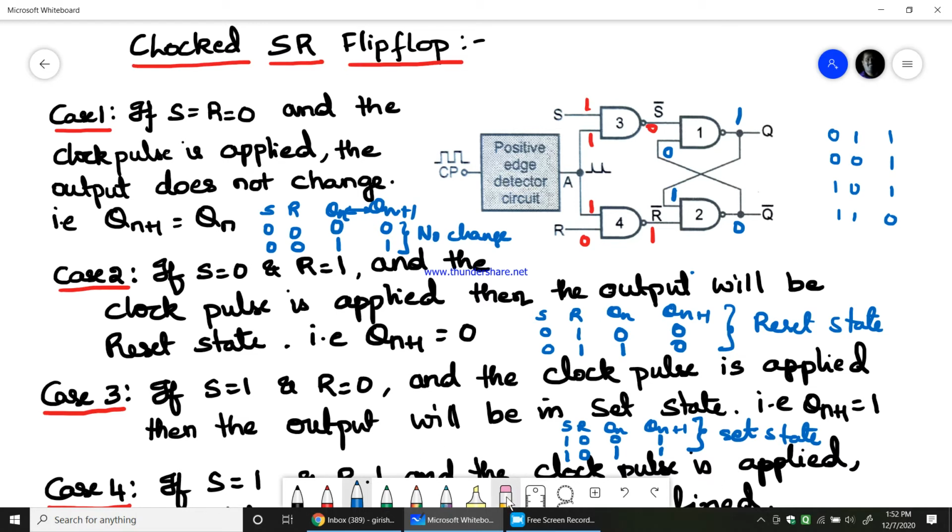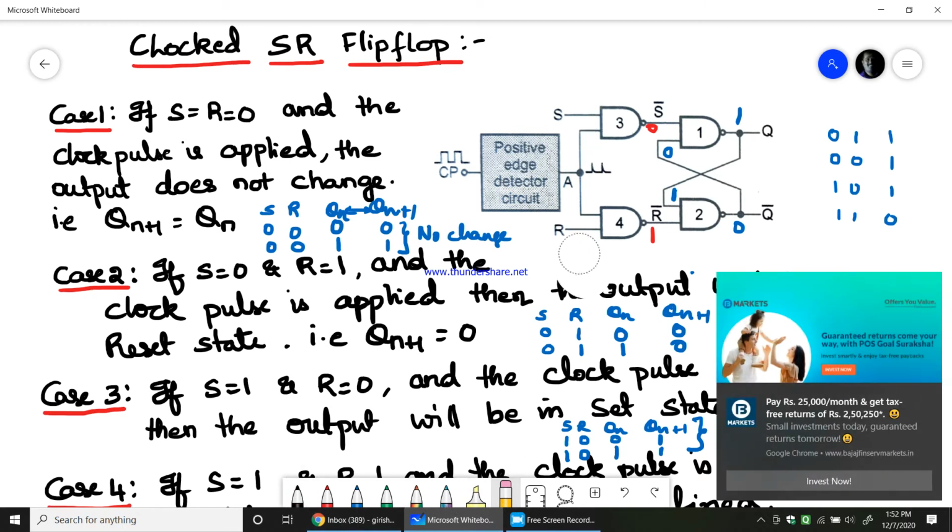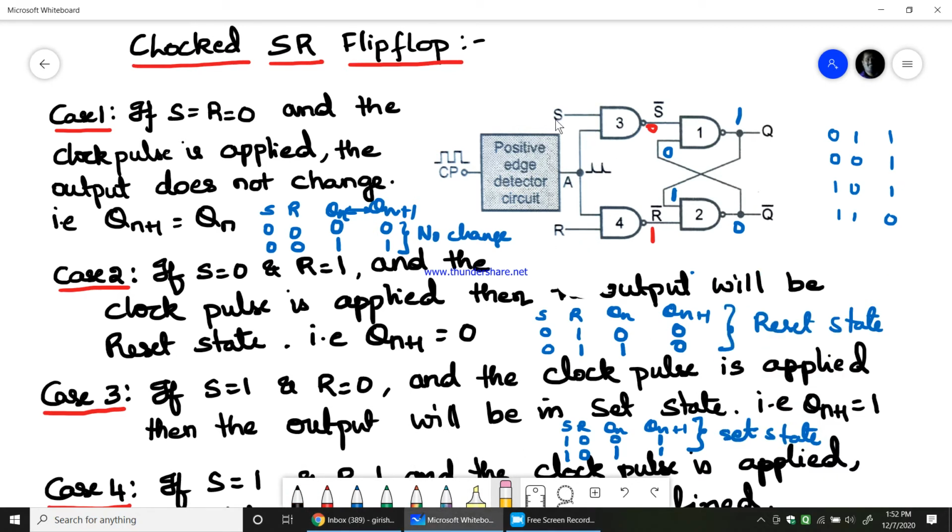The last condition or case is, we will have 1 and 1. So after giving the clock pulse, 1 and 1, that makes 0, and this will also be 0.